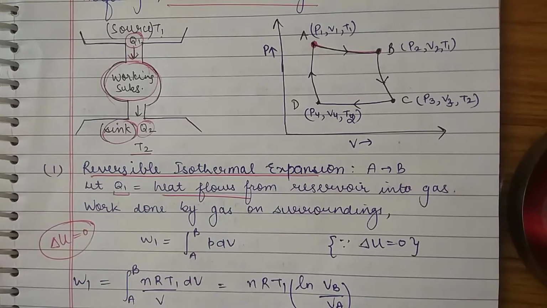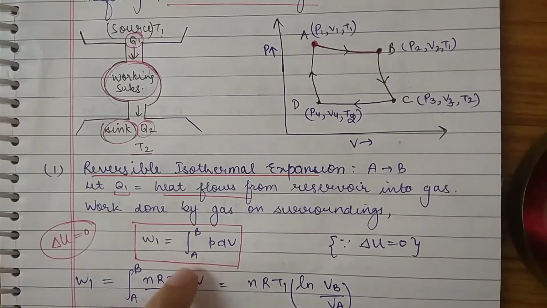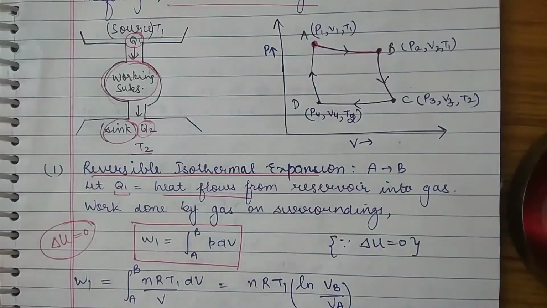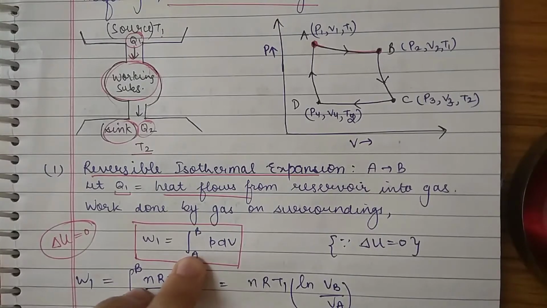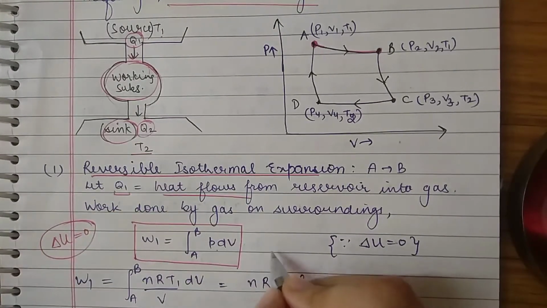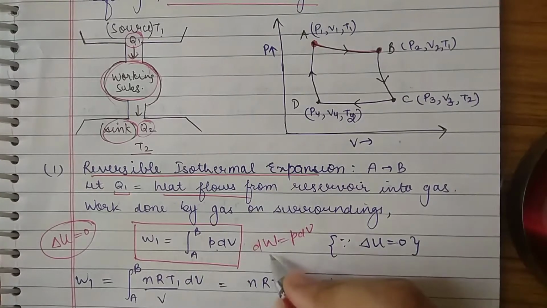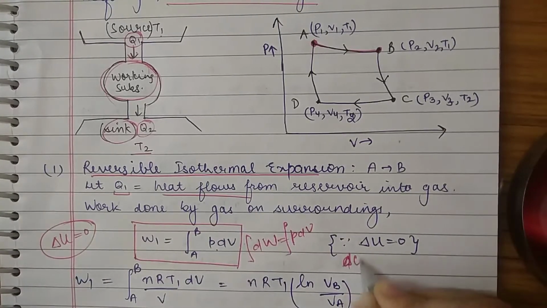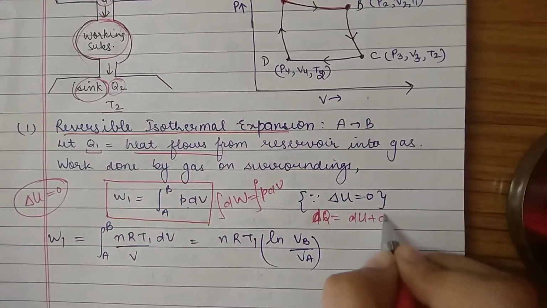The perfect gas here is the working substance. Now the work done by the gas on the surroundings will be W1 equal to the integral from A to B of P dV, since we are taking our gas from A to B by isothermal expansion. We know that work dW is equal to P dV, so to get the whole work we integrate from A to B. According to the first law of thermodynamics, dQ is equal to dU plus dW.